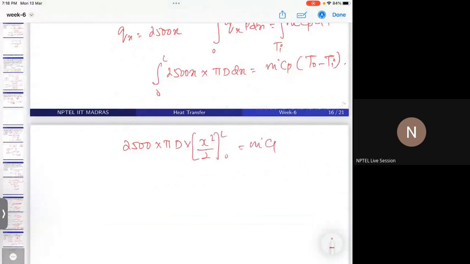So m dot cp (To minus Ti) equals 2500 pi d L square by 2.